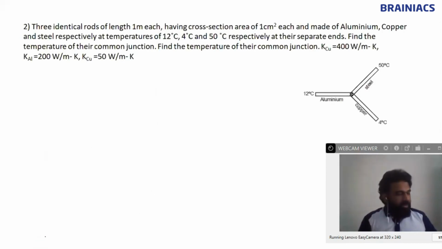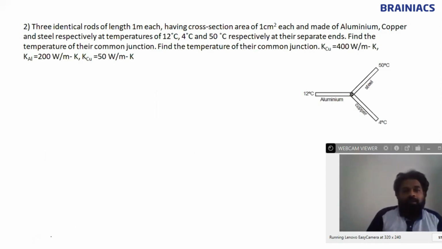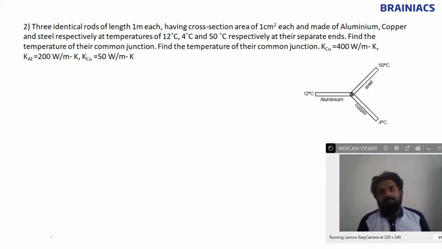Okay, this is another problem. Three identical rods of length 1 meter each, having cross sectional area 1 centimeter squared.